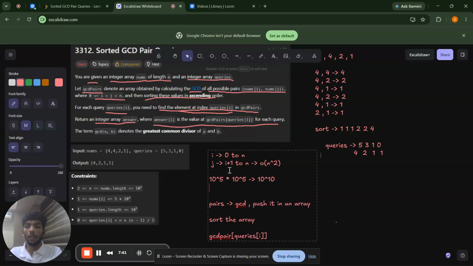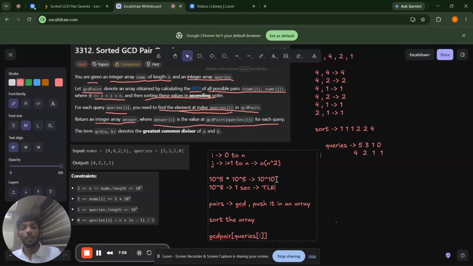As per normal IDEs or coding platforms, 10 power 8 is 1 second, and beyond that is considered TLE.